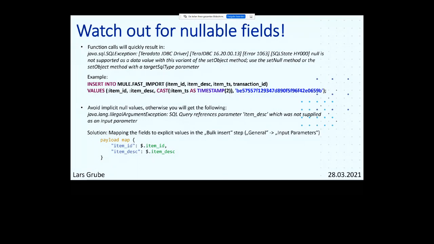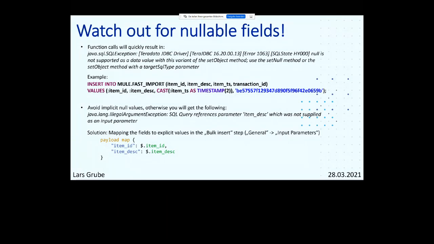Then when you want to make use of the prepared statement approach, you will get the error message, which I also have included here, namely that you are referencing a parameter which was not supplied as an input parameter. So in that case, you are required to convert your null values into explicit null values, so that the field name is included in your payload, but showing an explicit null value.